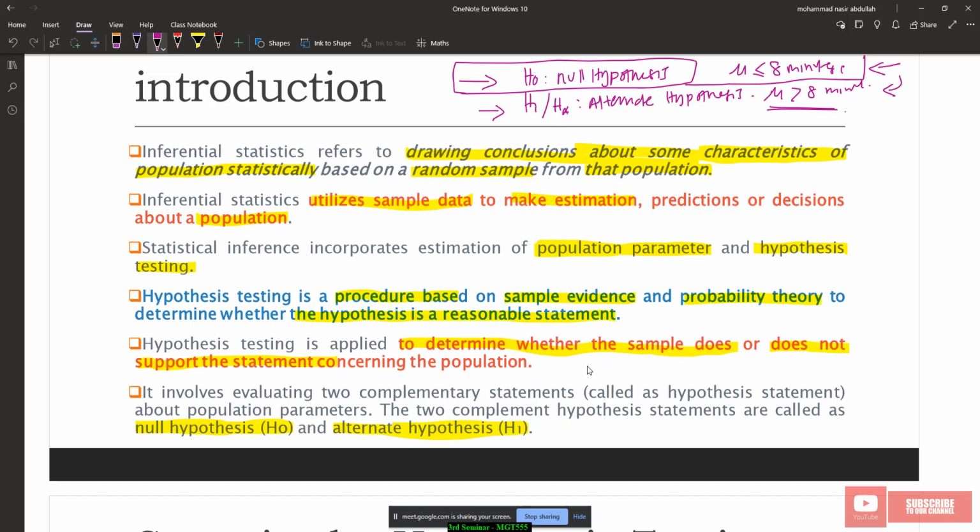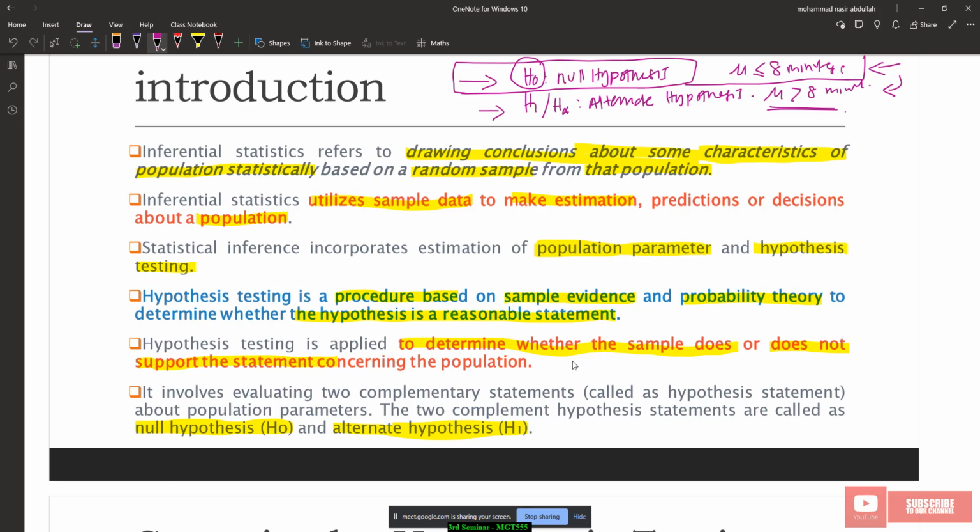In hypothesis testing, we want to test whether the statement is true or not based on the sample data. From the conclusion we get in hypothesis testing, we will infer back to the population. So in hypothesis testing, we have two statements. First is the null hypothesis, the notation is H null.